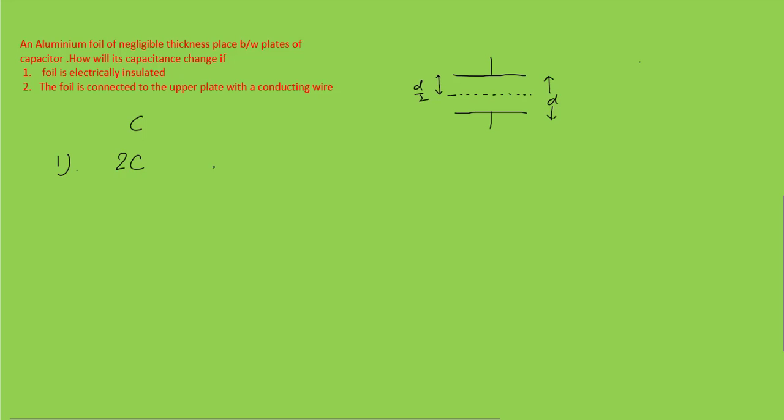So these capacitors can be treated as a series combination, and the equivalent capacitance in series, CS, will be equal to C1 into C2 divided by C1 plus C2. Putting in the values, that is 2C multiplied by 2C divided by 2C plus 2C, this becomes 4C square divided by 4C.